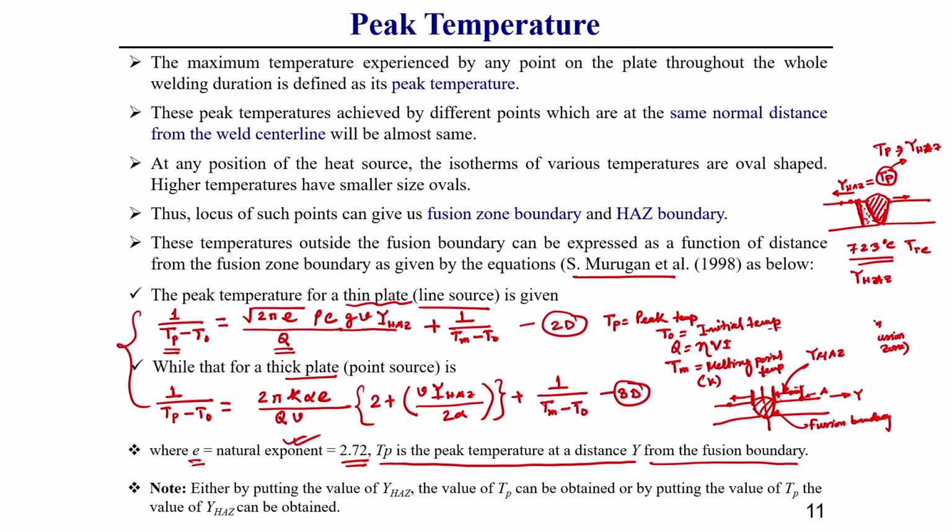Also, in the case of the 2-dimensional case, the peak temperature depends on your T initial value. How it does, I am going to discuss a little bit in the next slide, after that I will conclude today's lecture.